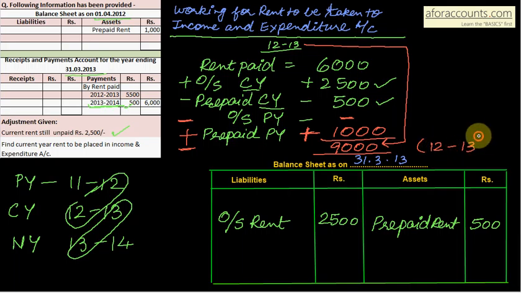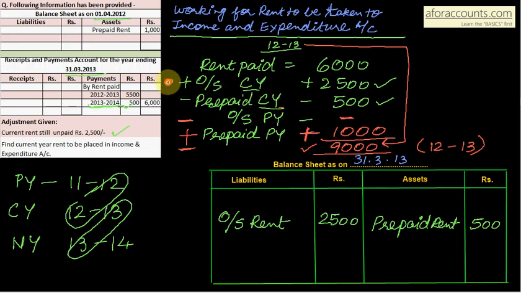Let's recap. What is the formula? Whatever is paid, get it here, then add outstanding less prepaid of the current year, and less outstanding and add prepaid of the previous year. So we get the amount to be taken to the income and expenditure account, which amounts to 9000 here.